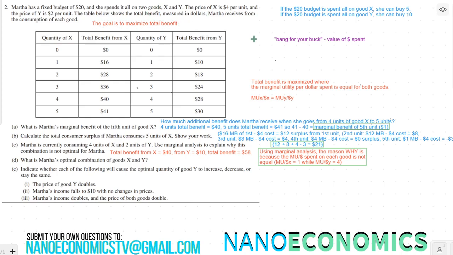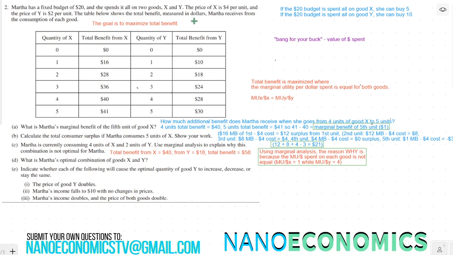So the first thing I did here was take the $20 budget and the prices of each good and divide them. So $20 divided by $4 per unit of X, that means a maximum of 5 units of good X can be purchased. $20 divided by $2 per unit of good Y means that a maximum of 10 units of good Y can be purchased. So this table is showing the total benefit measured in dollars that Martha receives from the consumption of each good.